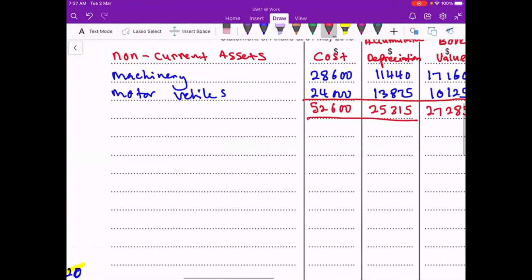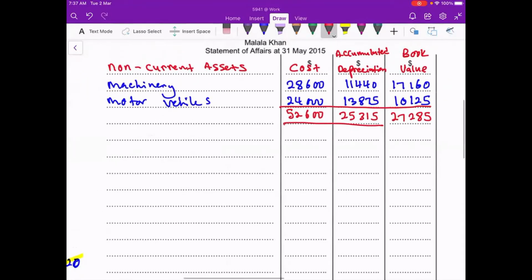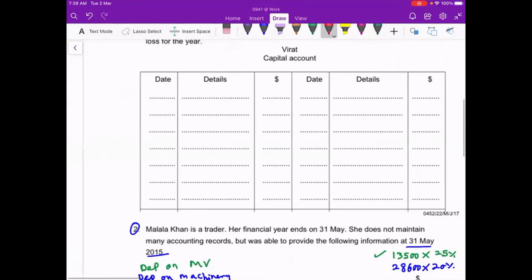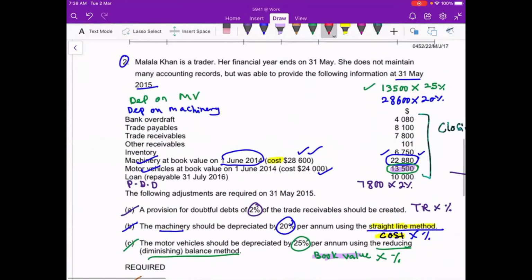After that, we have the next part. After the non-current assets, we need to show current assets. What are the current assets that you can see in this question? We check here.